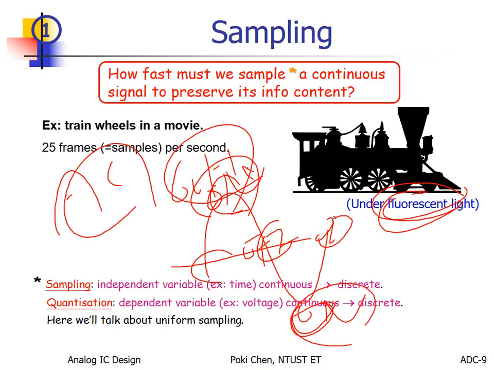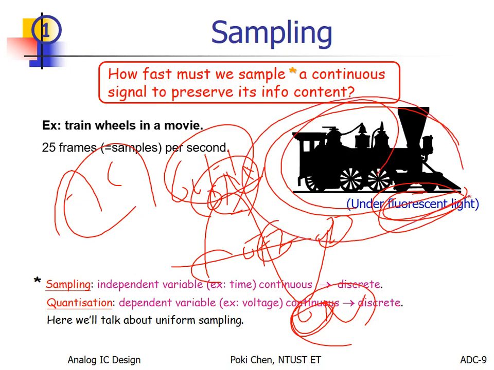But why would I like to mention this? In the past, even on the platform at a train station, for example, when you say goodbye to somebody on the train, if the train is exposed to such kind of fluorescent light, not LED, and you look at the wheels from the beginning, it will go forward, 往前走.